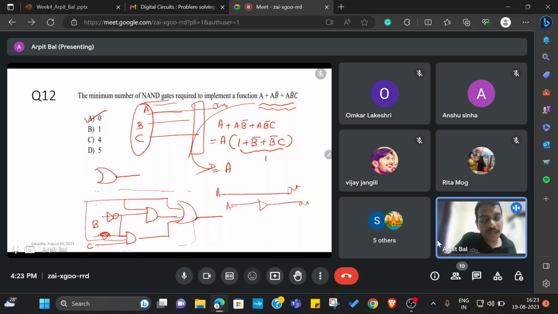So I hope you are able to understand the importance of these minimization methods that we are using here. Okay, so because the function reduces to A, we don't need any NAND gate.